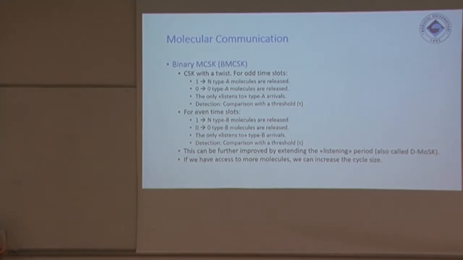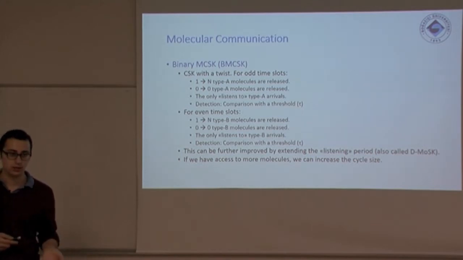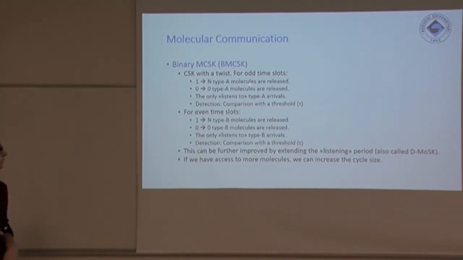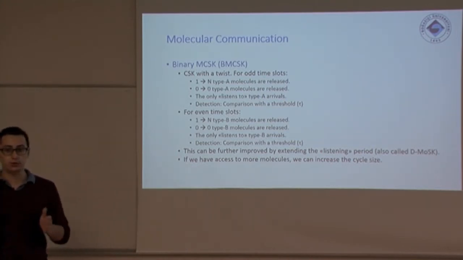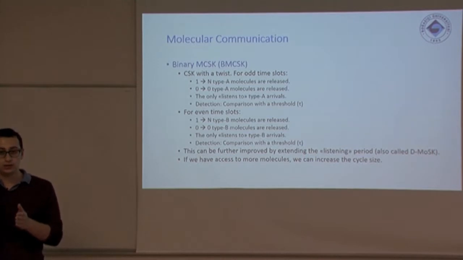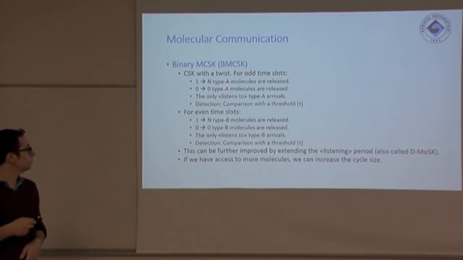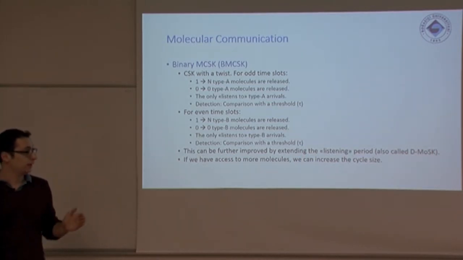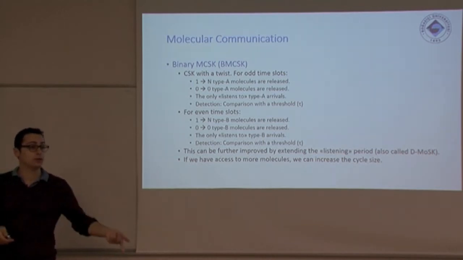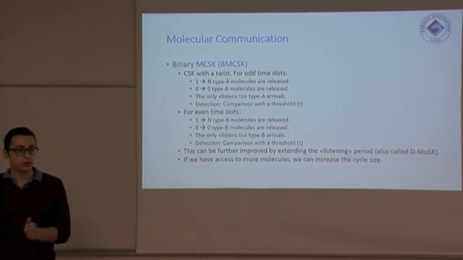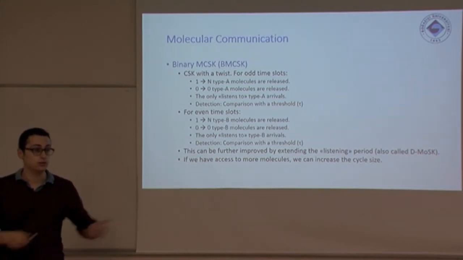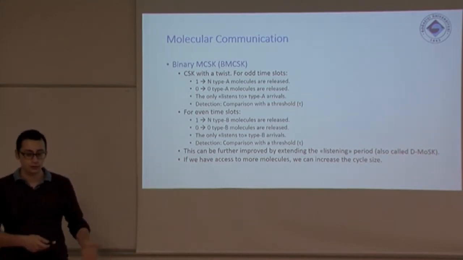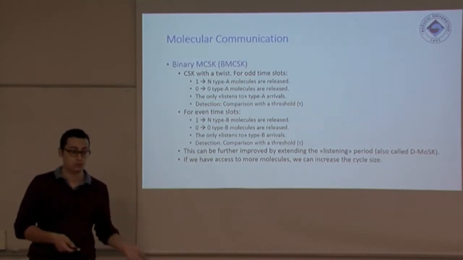But the original MCSK paper does this, and we can further improve it by extending the listening period. For example, we can listen to type A in the first time slot until the third time slot comes. So we can also count and listen to type A molecules in the transmission period of B, of course given that we have synchronization between transmitter and receiver.